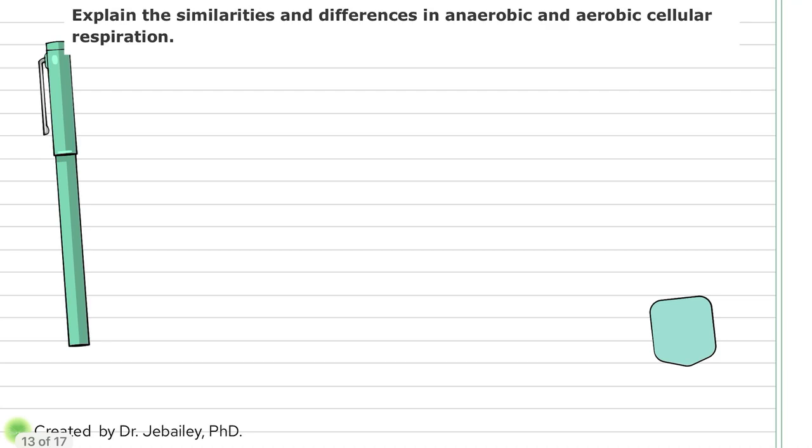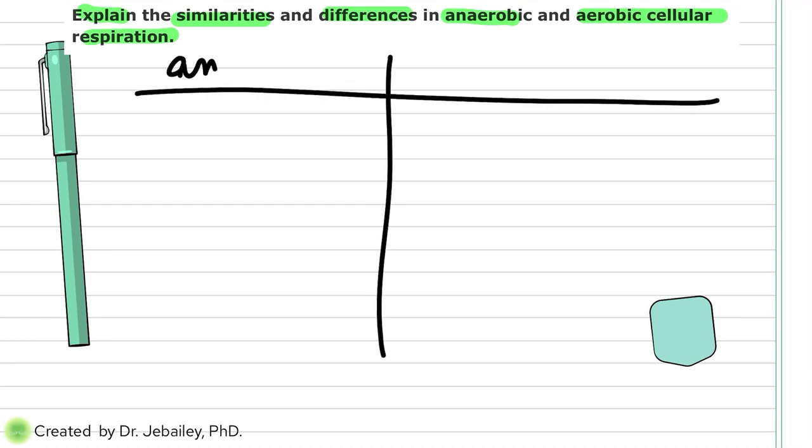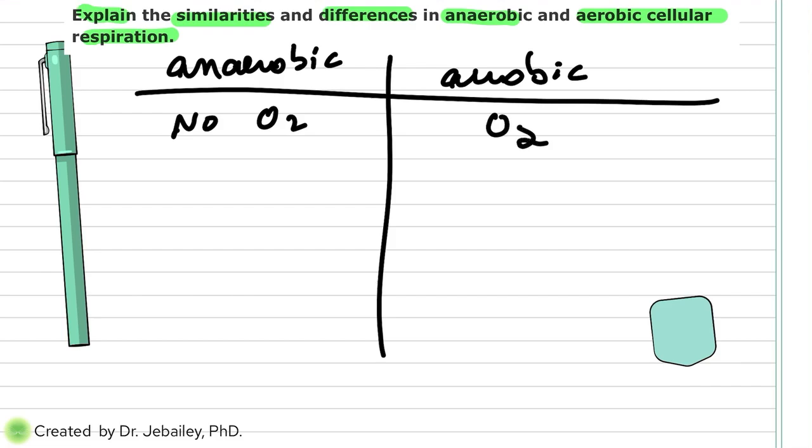Moving on. Next, it asks you to explain the similarities, which are the same things, and the differences between anaerobic and aerobic cell respiration. In this case, we already have the two sections. We know that anaerobic has no oxygen, while aerobic has oxygen.